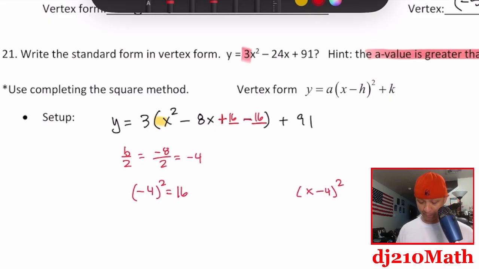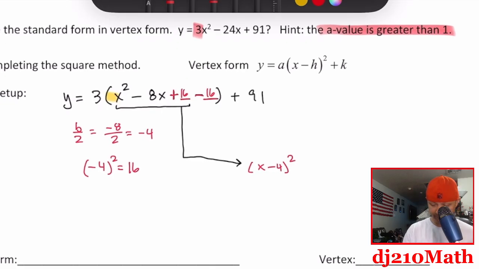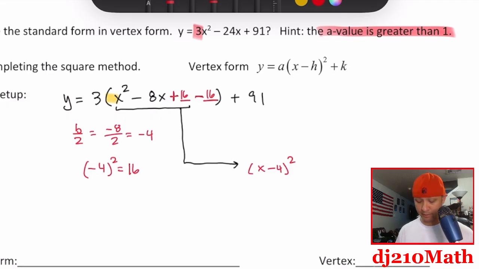Okay, let's do some work here. So then the first 3 terms, x squared minus 8x plus 16. I already got it. It's this right here. I'm just going to rewrite it again.